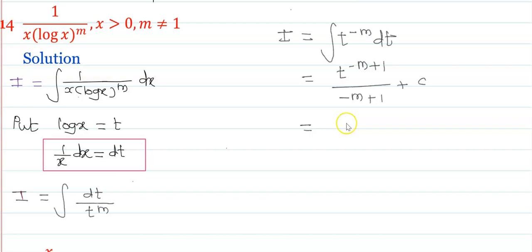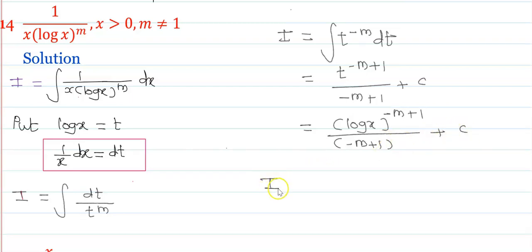T is log of x. It is (log of x) raised to minus m plus 1 whole divided by (minus m plus 1) plus c. Okay.